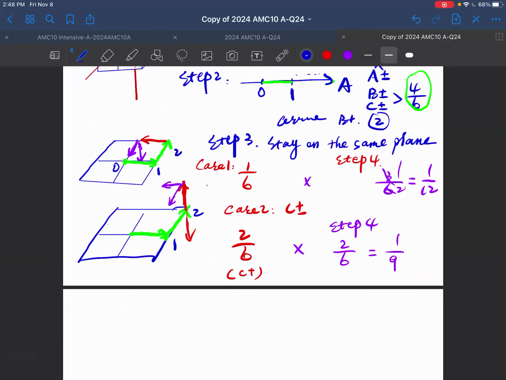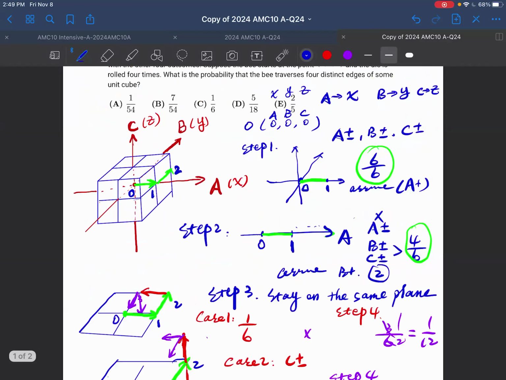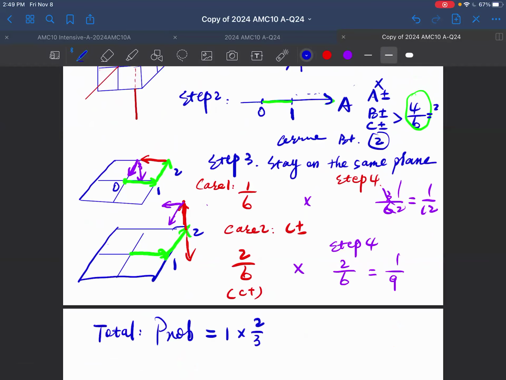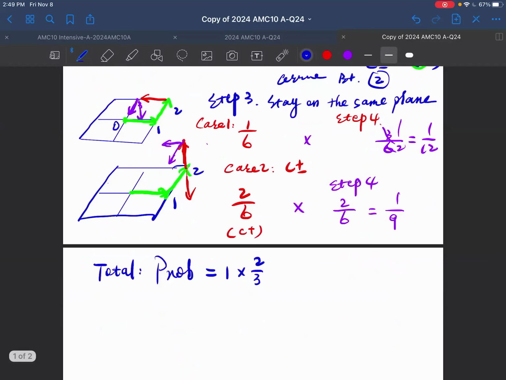So now what's the total? Let's calculate the total probability. The total probability with the 4 distinct paths will be: first step is 1, second step is 2/3, and the third and fourth steps have 2 ways. The first way, on the same plane, you got 1/12. On the vertical way, you got 1/9.